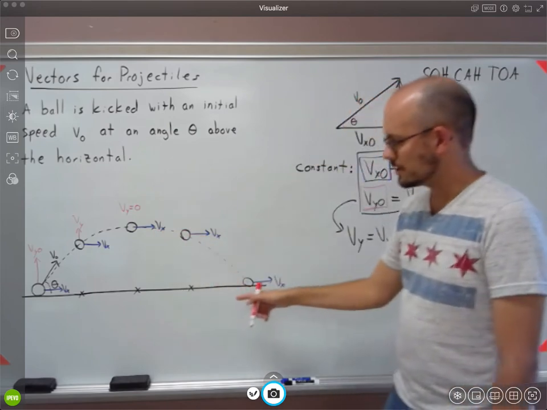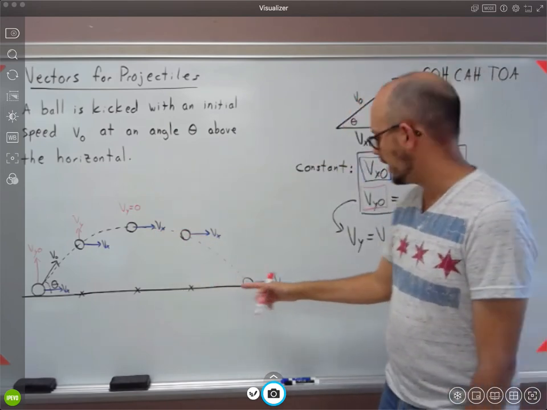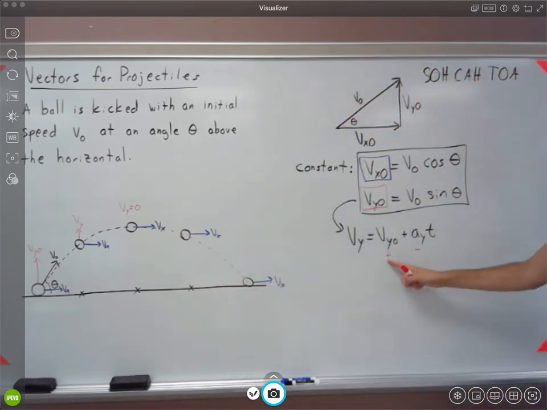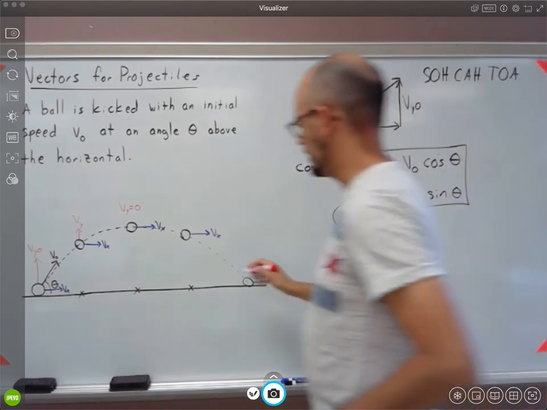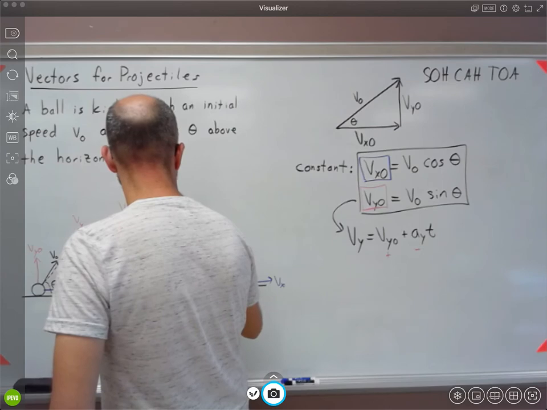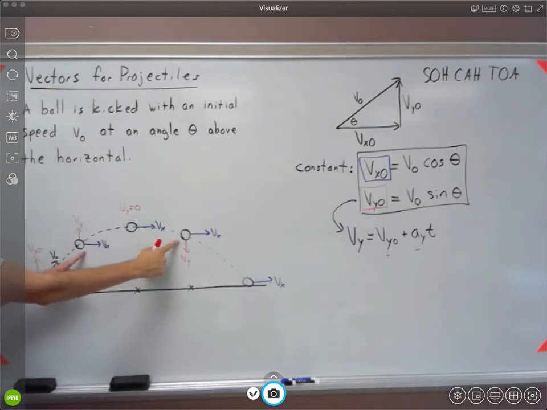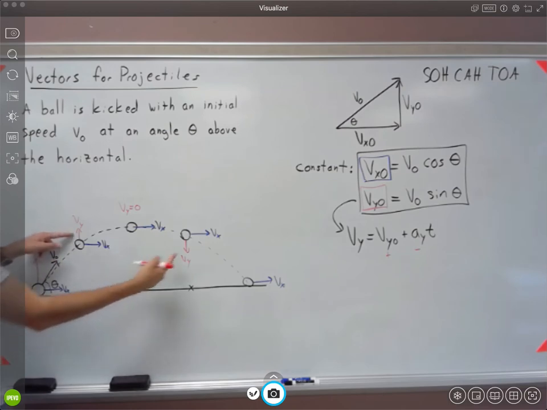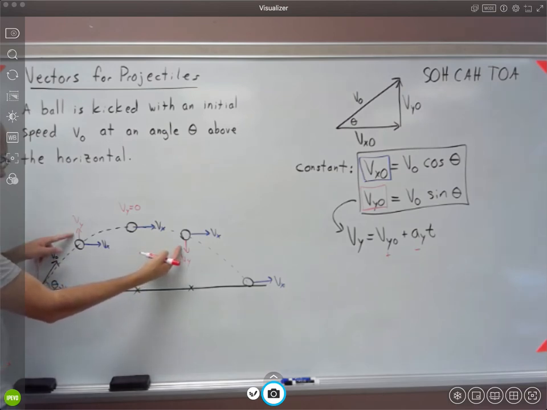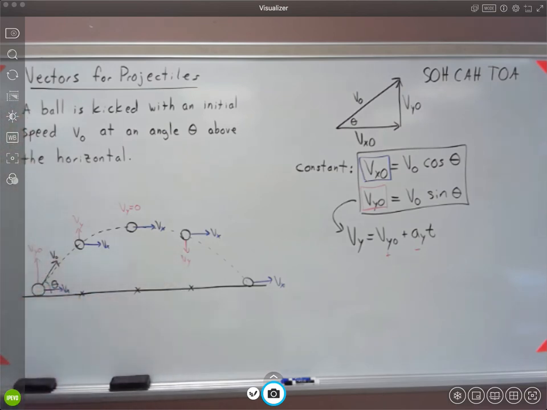Then the projectile starts to fall, and the vertical arrow that was pointed up has now been overcome by acceleration, so it's now pointed down. Because these two pictures of the ball are at about the same height, these arrows should be the same length as one another, but in opposite directions, meaning the vertical velocity is some positive value here, and the same value but negative there.